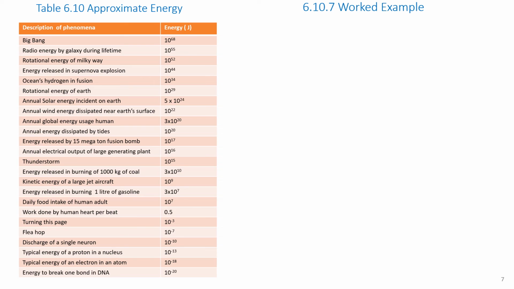Radio energy by a galaxy during its lifetime is 10 to the power of 55 joules. Rotational energy of the Milky Way is 10 to the power of 52 joules. Energy released in a supernova explosion is 10 to the power of 44 joules.